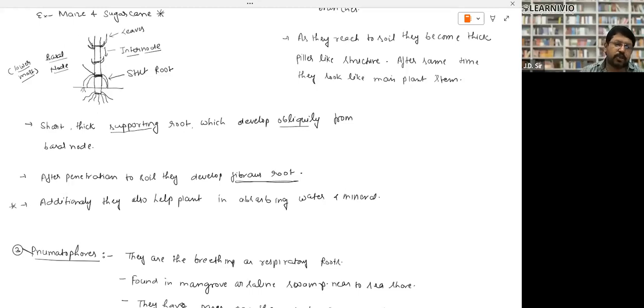Stilt roots. Additionally, they help the plant to absorb water and minerals. Even the example has been asked: sugarcane and maize. Even here I have made the star. Full stop.